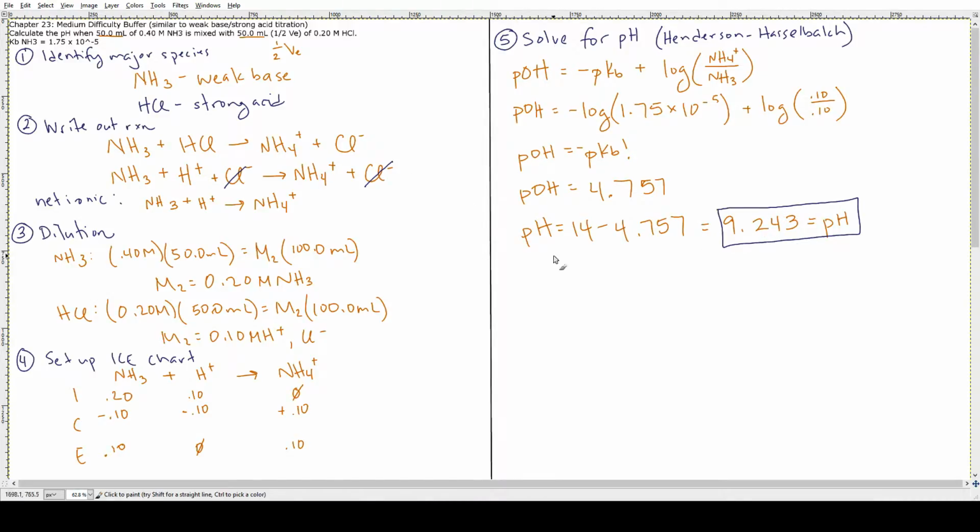So if you're going to write an annotation on here, something important for you to remember is that at the 1/2 volume of equivalence, the pOH is equal to the pKb, or you could say that the pH is equal to its pKa. Because if you plug in equal volumes in this piece right over here, you just end up with 0. That whole little chunk just goes away. And that's how you solve this type of buffer.